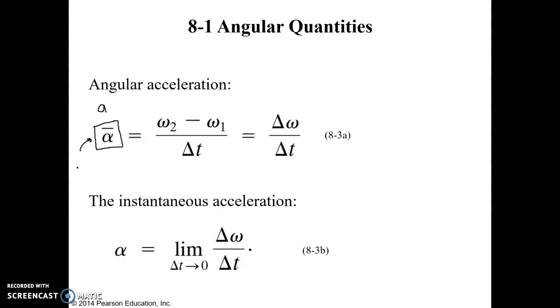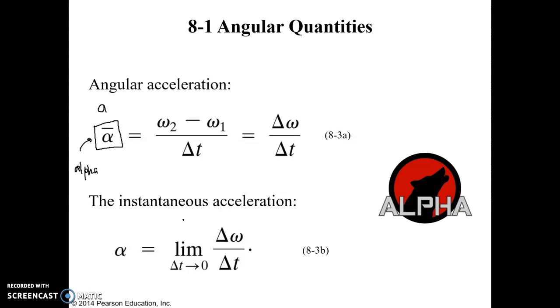And so we definitely want to think of this as alpha, not as just a funny looking A. Because if we think of this as an A, then we can get it confused with the actual linear acceleration A. And these are two different things. They're similar, but they are different. So you should really think of this as alpha.